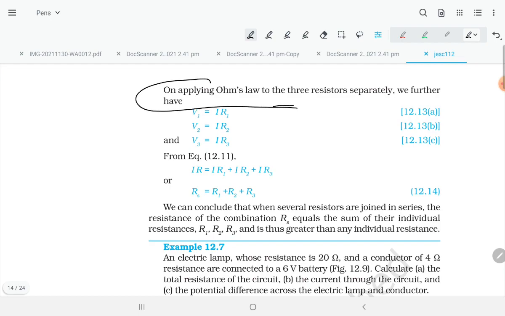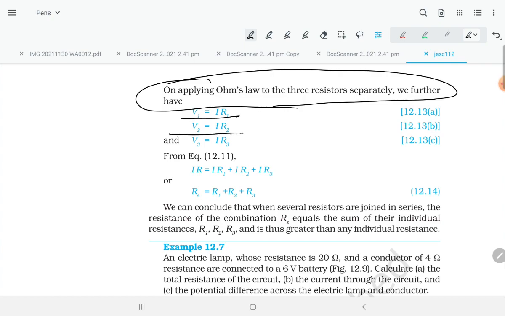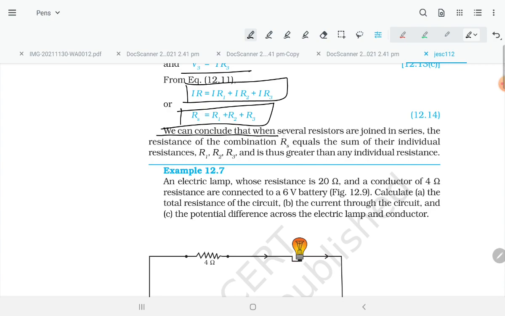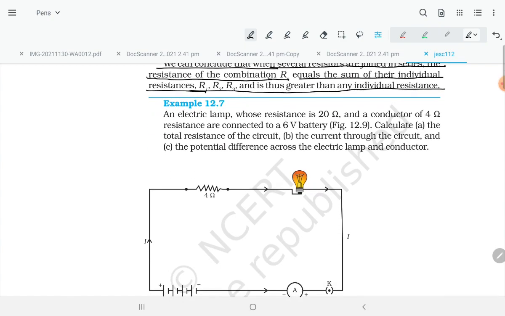And applying Ohm's law to the three resistors separately, we get V1 is equal to IR1, V2 is equal to IR2, V3 is equal to IR3. From the equation, IR is equal to IR1 plus IR2 plus IR3. So R is equal to R1 plus R2 plus R3, which concludes that when several resistors are joined in series, the resistance of the combination Rs equals the sum of the individual resistances R1, R2, R3, and is thus greater than each individual resistance.